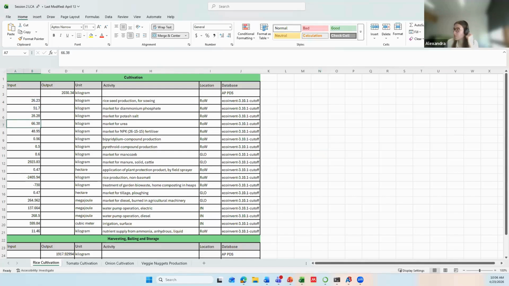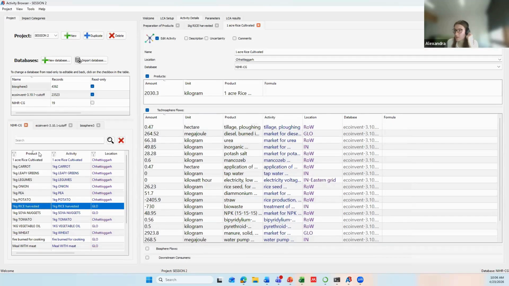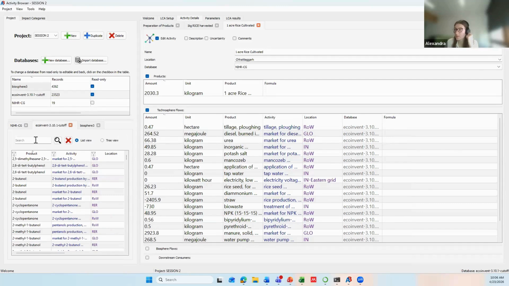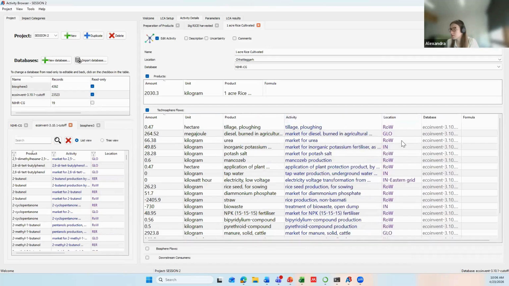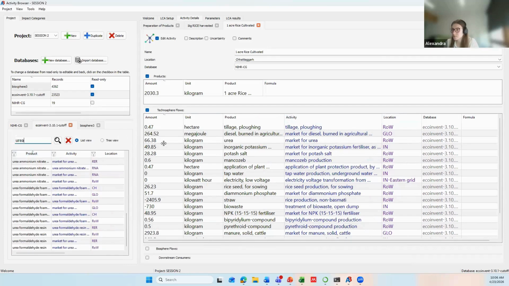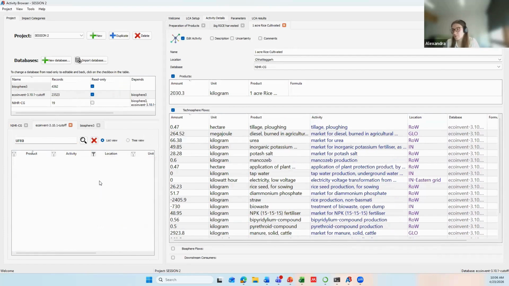So here we have all the inputs and, for example, we want to look at urea. So we would go to EcoInvent. We type in urea. And also it's important for us to see the location. We always want to start as precise as we can. I selected the location India. IN is the code.